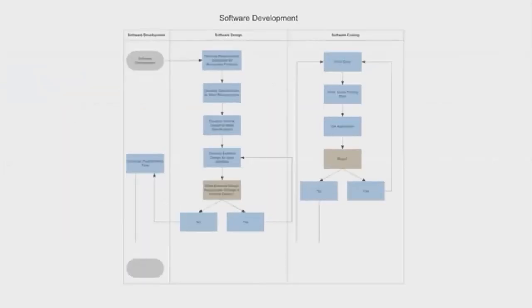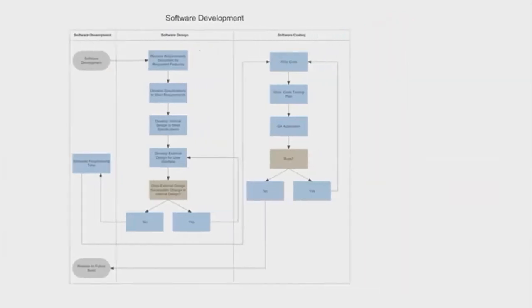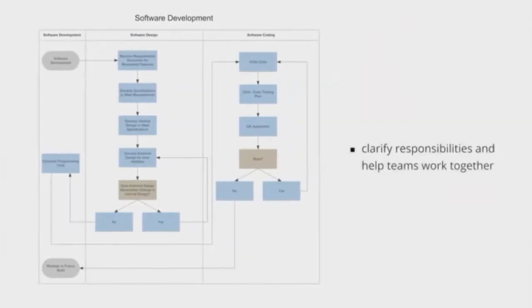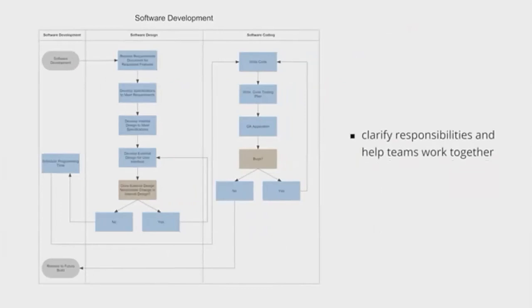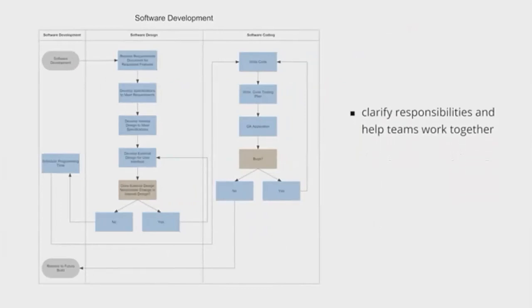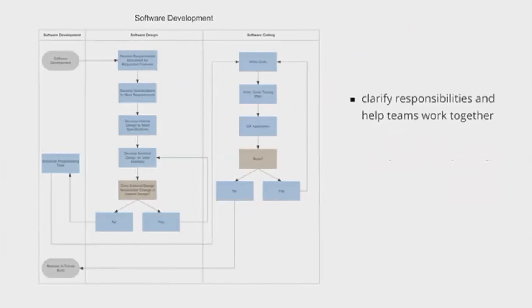Swim lane diagrams are useful in many ways. Often they can help you streamline complex processes. During any process improvement initiative, swim lanes help identify not just the bottlenecks in a process, but also who is responsible for them. A swim lane diagram is also useful in clarifying responsibilities and helping teams work together in a world where they often don't fully understand what the other teams do.